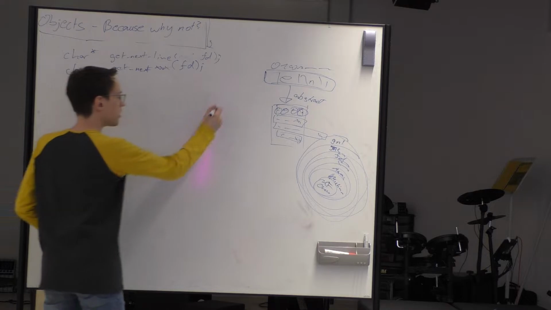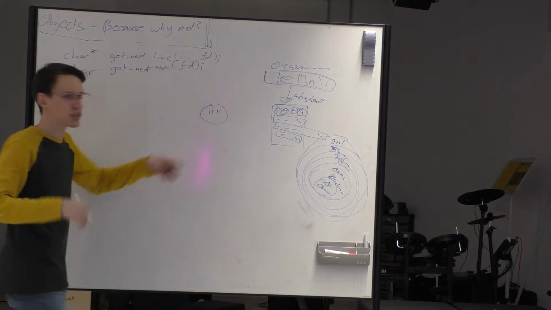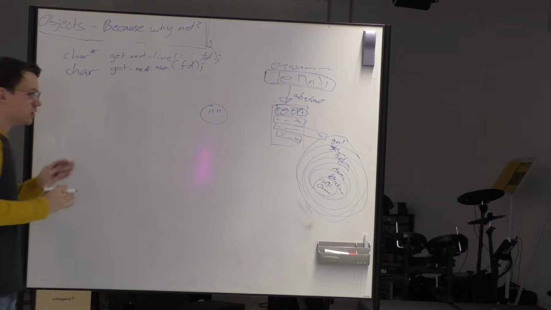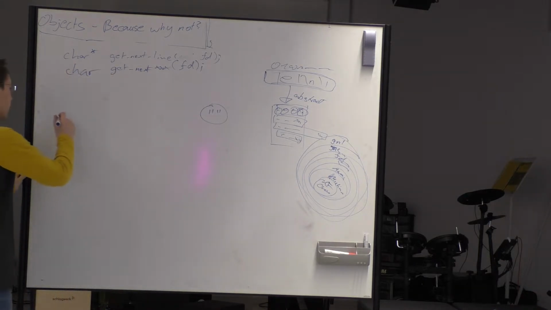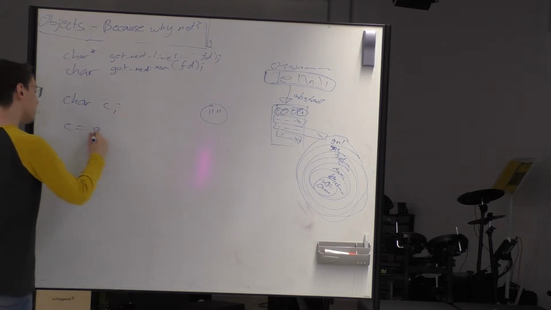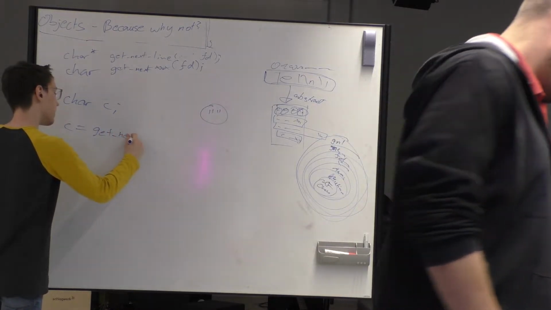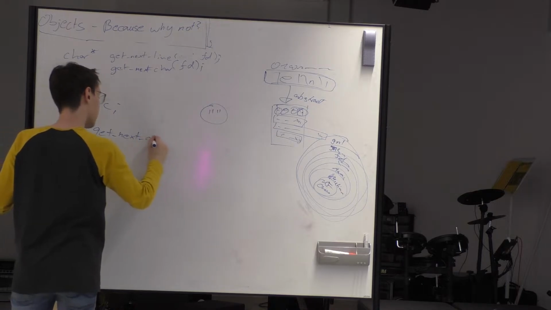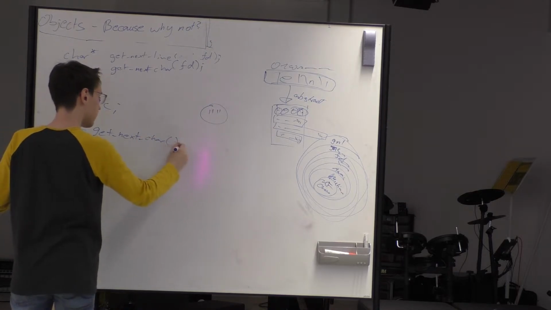Let's assume we have, again, this magic string. We still need a string to store data, but what we can do now is we can say, well, we have a char C, and then we do C is equal to get next, and this is going to be get next char. Okay?